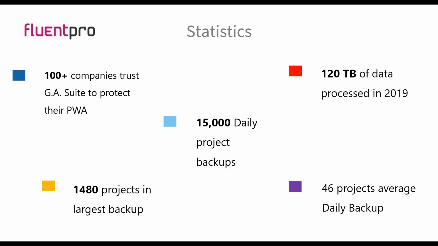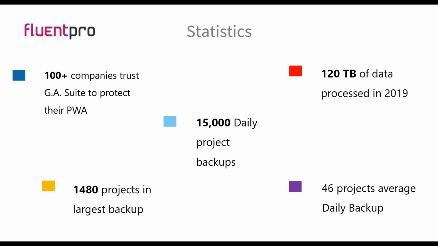And G Suite is a large product, so we're serving more than 100 organizations all over the world. We're processing 15,000 daily projects, and we have processed more than 100 terabytes of data.